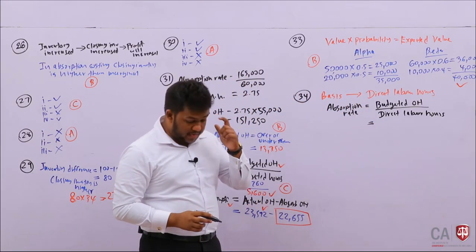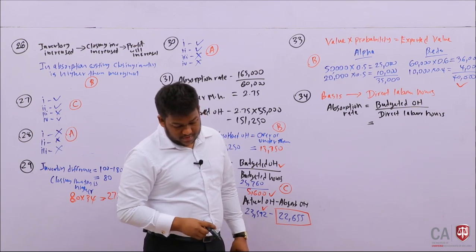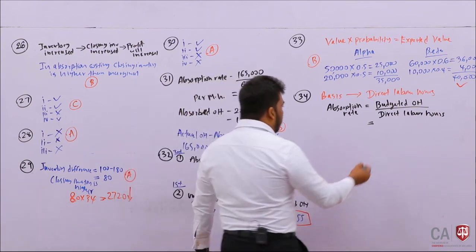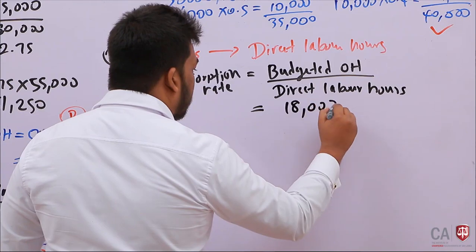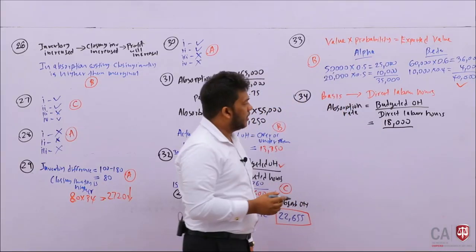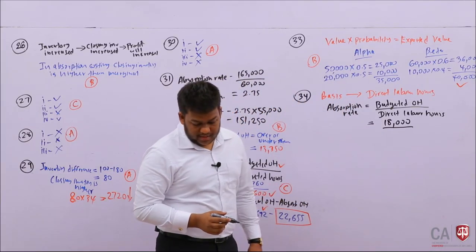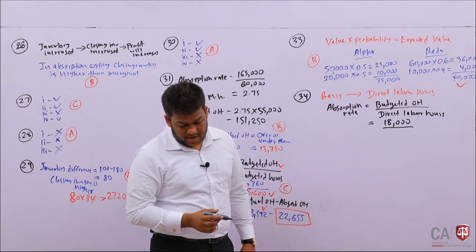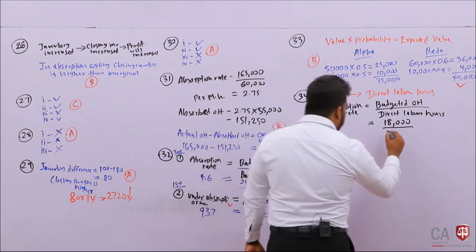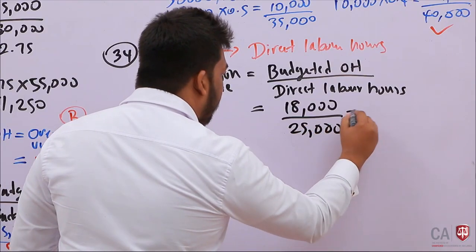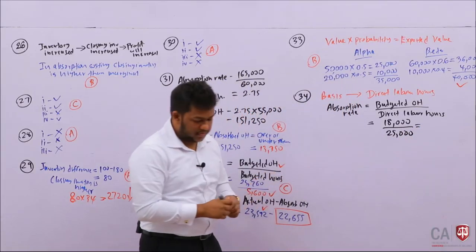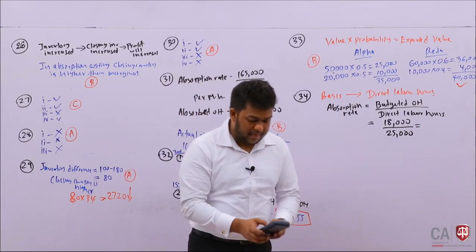Budgeted overhead is how much? Production overhead given 18,000. Direct labor hours given 25,000. So the answer is how much? 18,000 divided by 25,000.